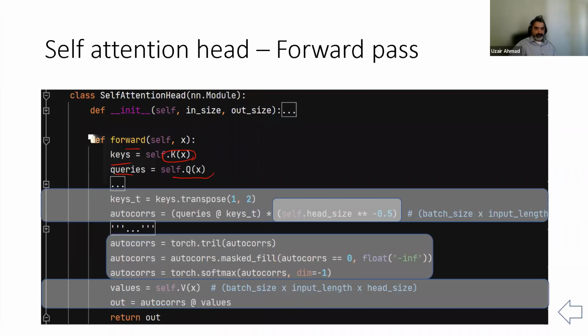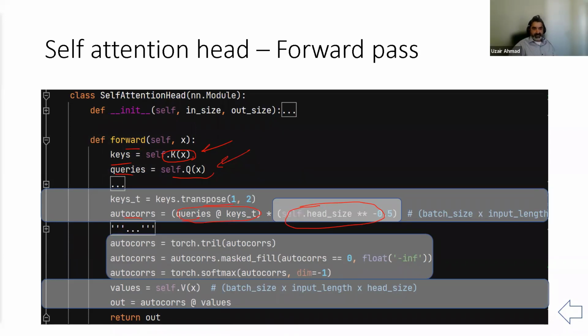Here we were. What we did, we passed our input through the key network and the query network. We transposed keys and applied multiplication, and received autocorrelations. In a moment, I will explain why we are doing this and what it is.